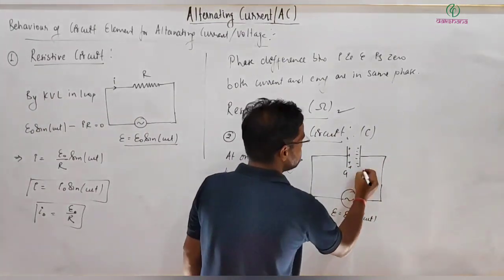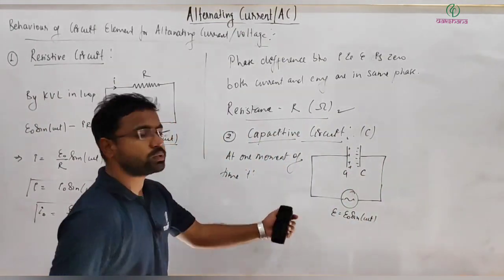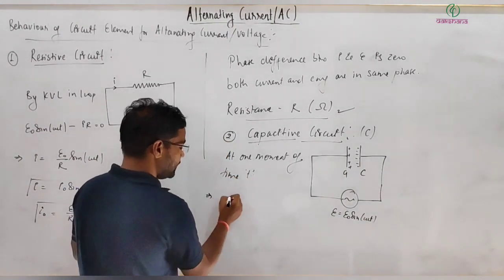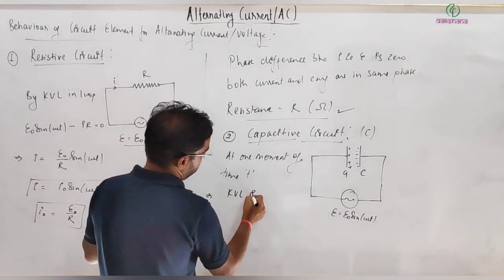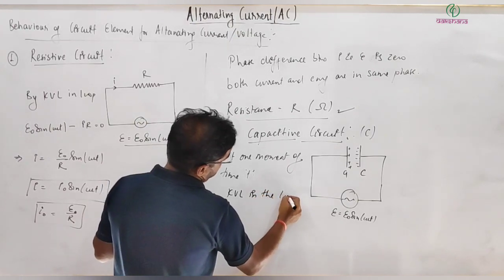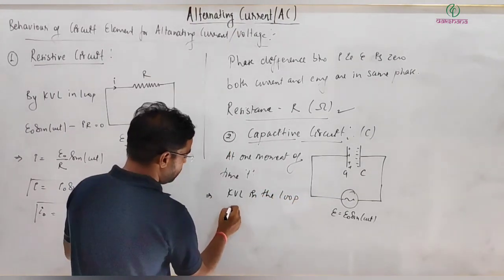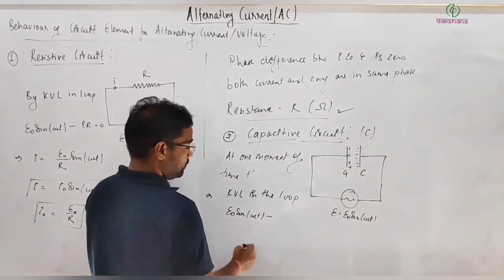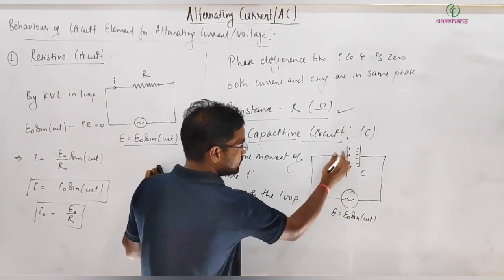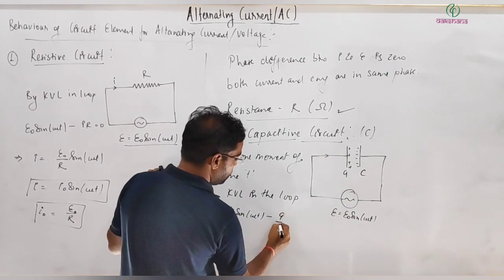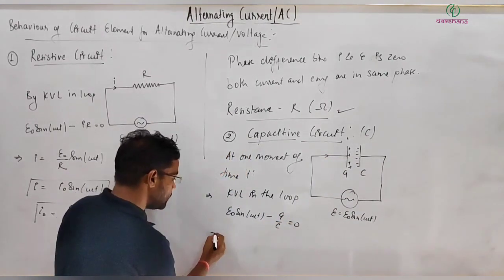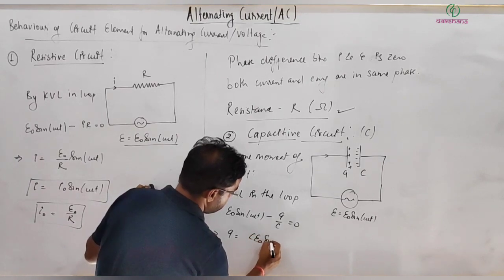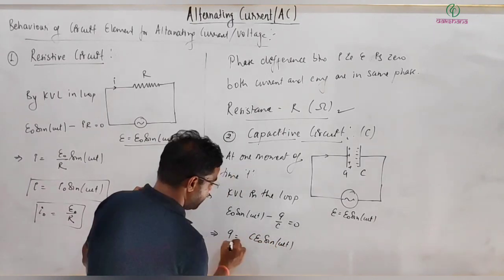C is the capacitance. Then here also I can apply KVL in the loop, and we will get E naught sine of omega t minus, going this way, Q by C equal to 0, and the charge comes out to be C E naught sine of omega t.